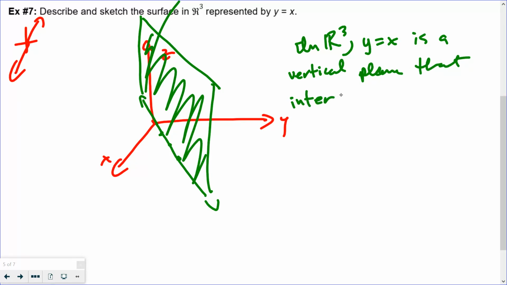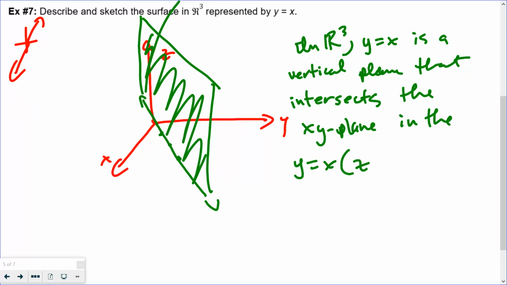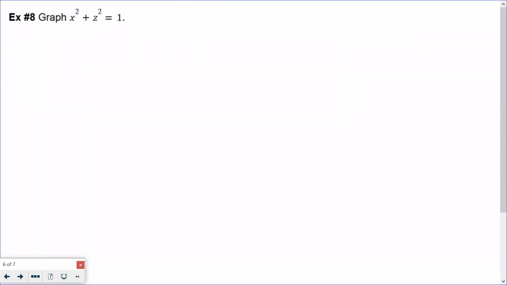It looks like it always is intersecting, so it intersects the xy plane, and it does. It intersects that plane in the line y equals x, which is the same as z equals 0. So that's where it cuts it. Okay, and it cuts it through going infinitely in both directions. I don't know about you, but kind of cool to think about that and see what it looks like a little bit.